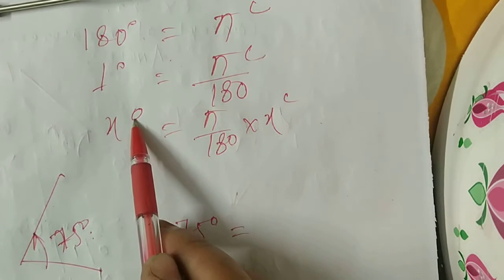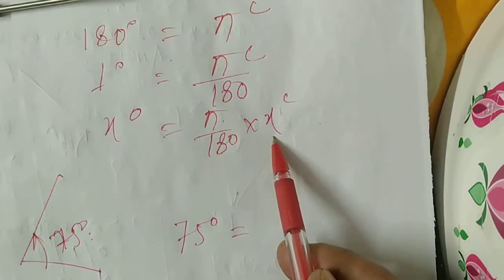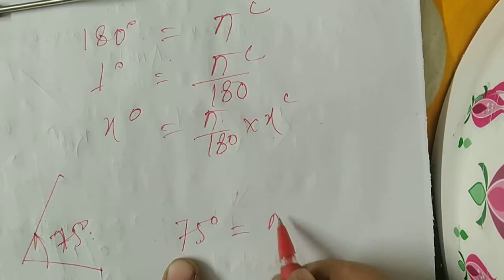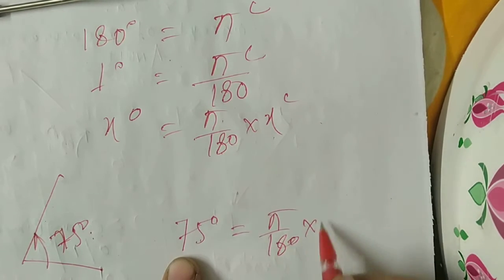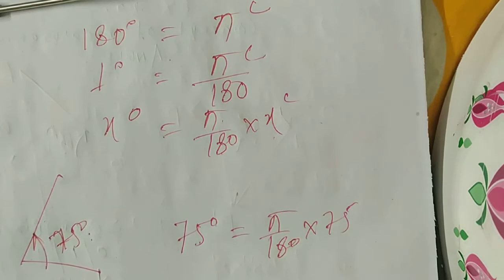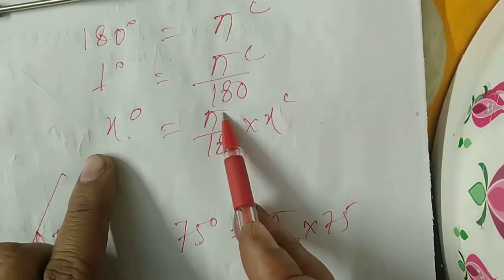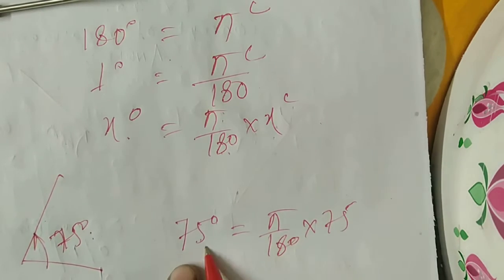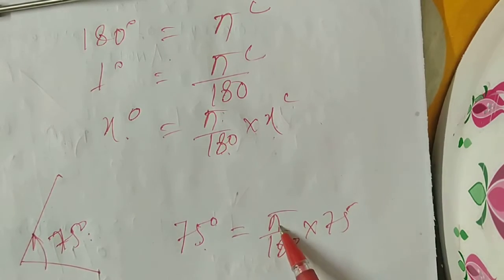So x degree equals pi by 180 into x radian. So 75 degree equals pi by 180 into 75 radian.